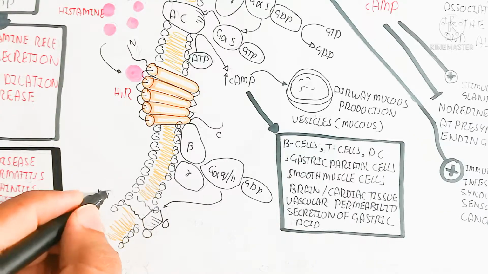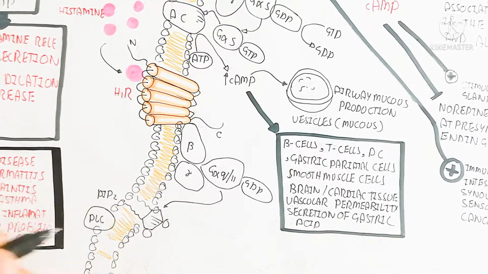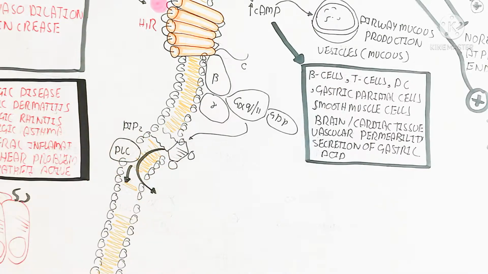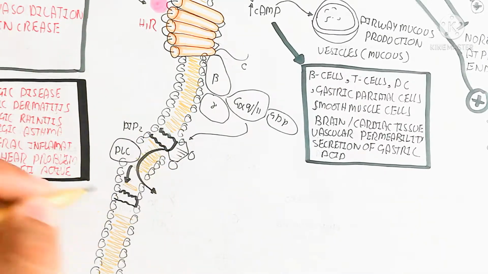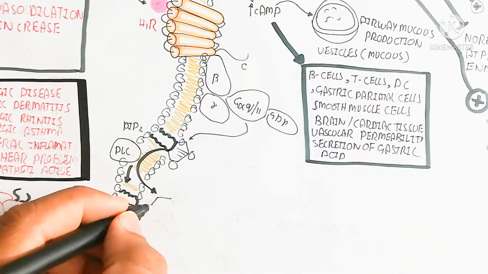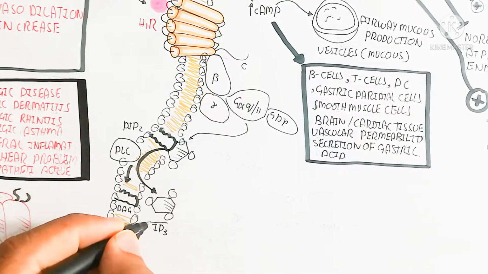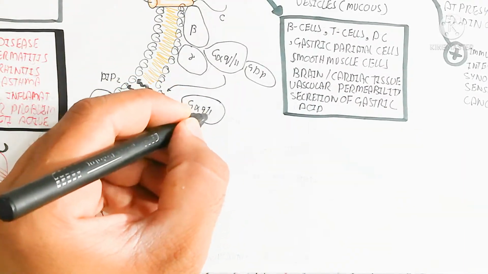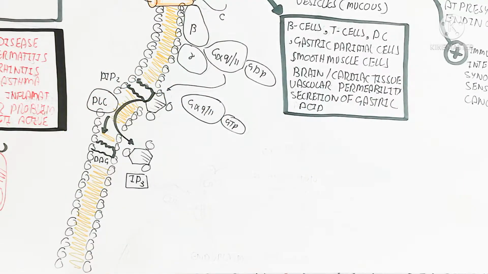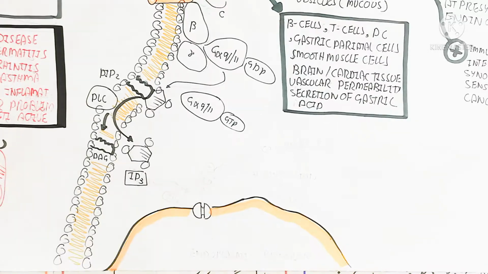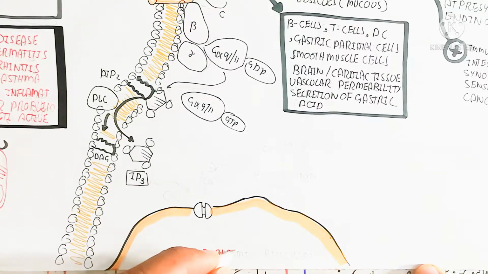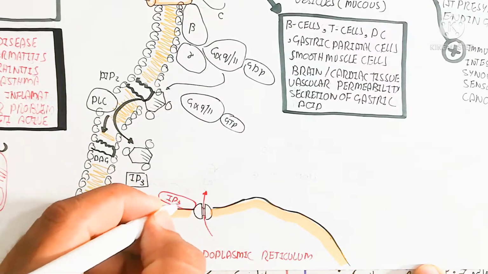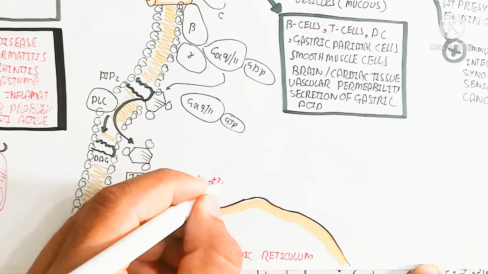And then the histamine will be bound to the H1 receptor, which will activate G alpha Q and 11. In this way the PIP2 pathway will be stimulated, leading to an increase in IP3, inositol triphosphate, which will bind the IP3-sensitive calcium-gated channel on the endoplasmic reticulum and open it.